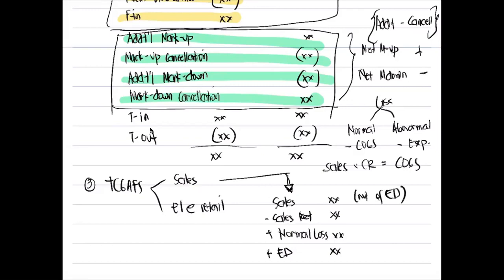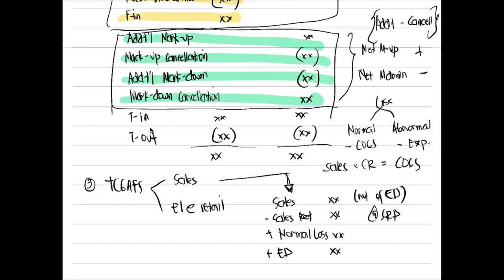Since it is net of employee discount, it is not already at SRP. So why is it not at SRP? Because the discount is only specific to employees, not to all persons. Since it is not for all persons, we need to add it back.